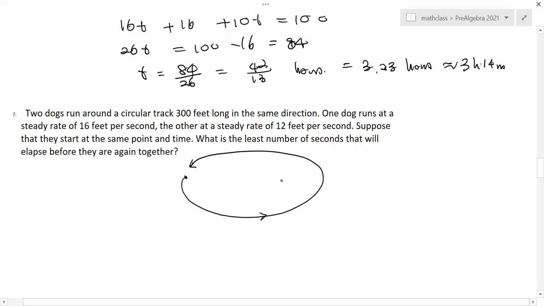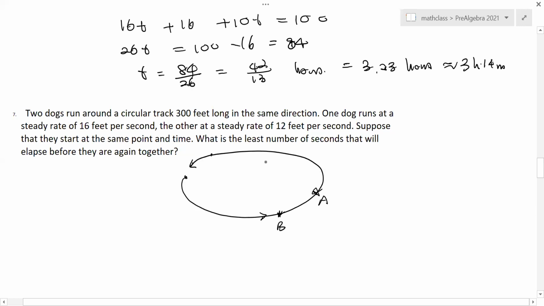So one runs fast, the other one runs slow. The faster one will eventually catch the slow one. This is dog A, that's dog B. Dog A is here, dog B is here.